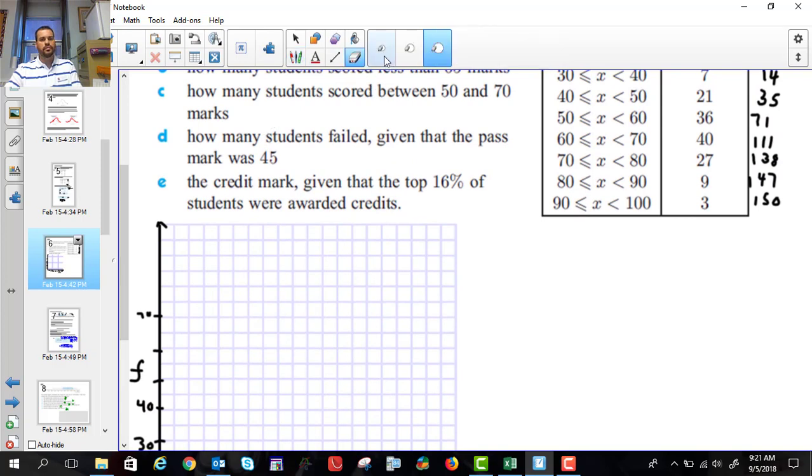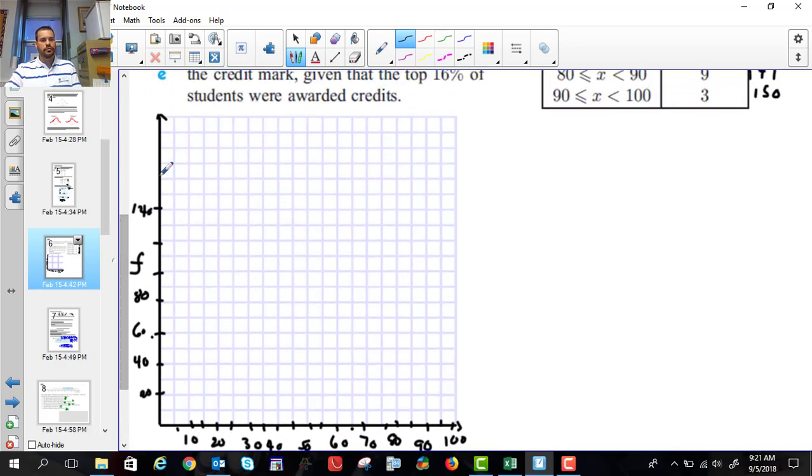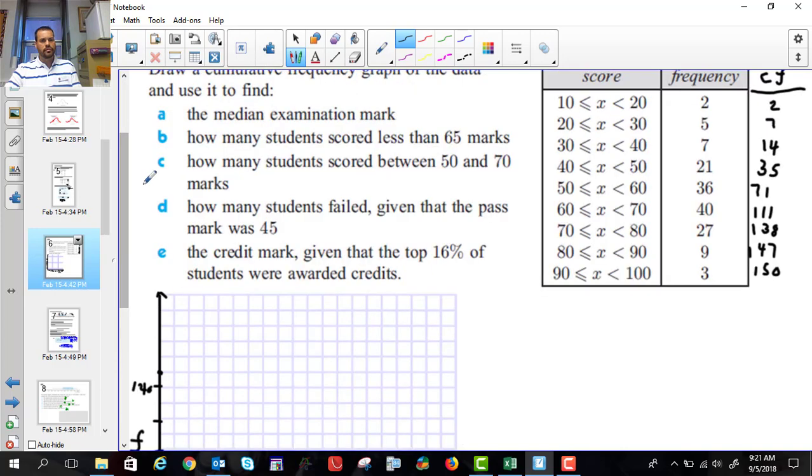No, we won't, because we need to get to 150, and that won't take us there, so we'll have to go up by tens. Which means that this is actually going to be 20. This is going to be 40, 60, 80. That's 100. That's 120. That's 140. And there's 150. So we'll just mark that in there. There's my top mark.